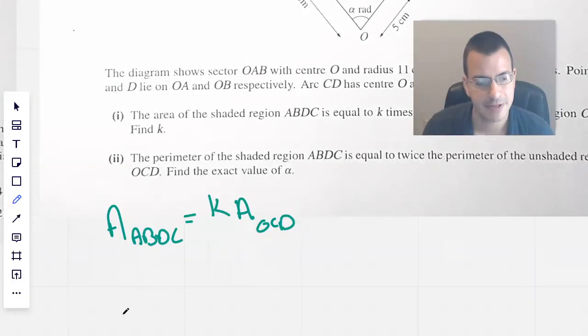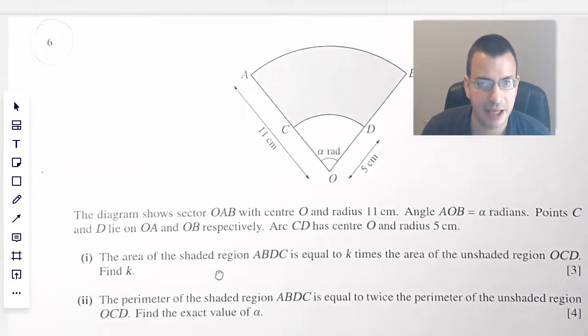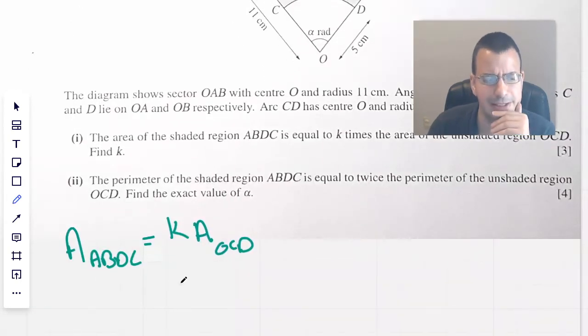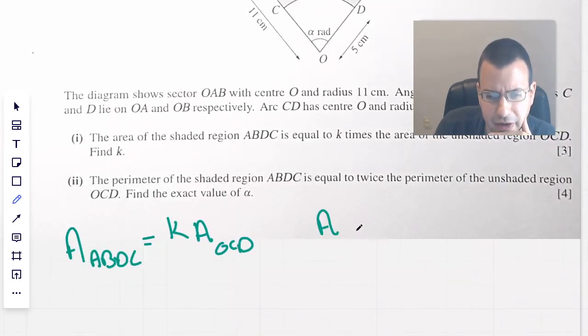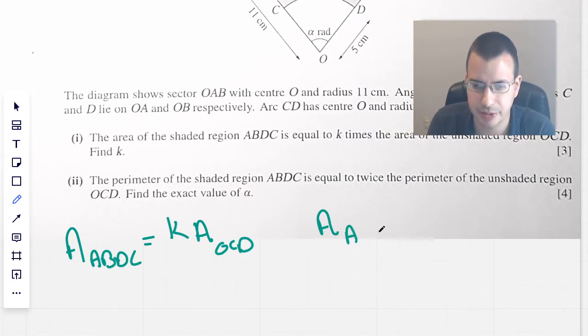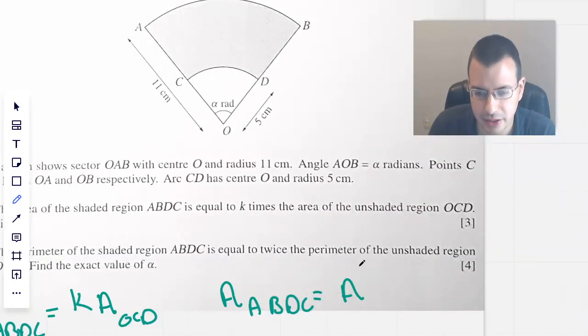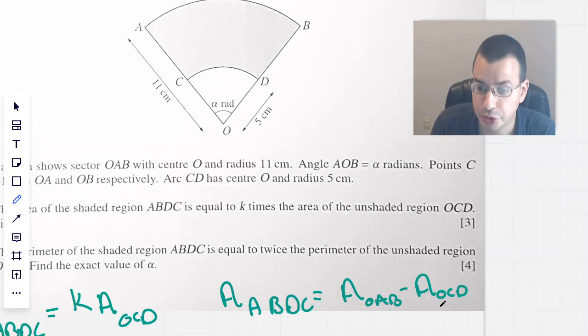The area of ABDC will equal the area of OAB minus the area of OCD, which is also what we want to find, so we'll keep that in mind.